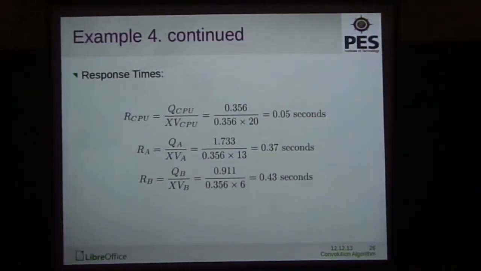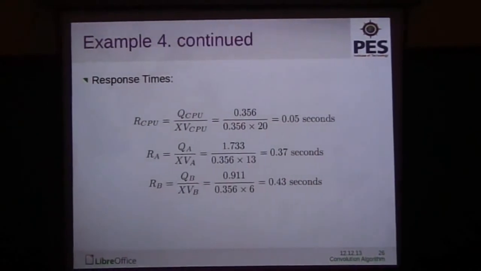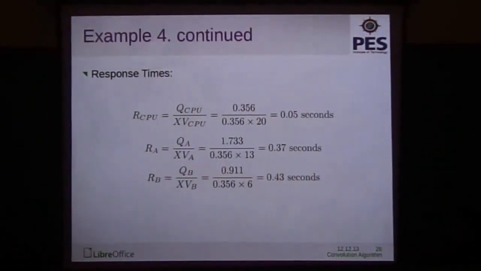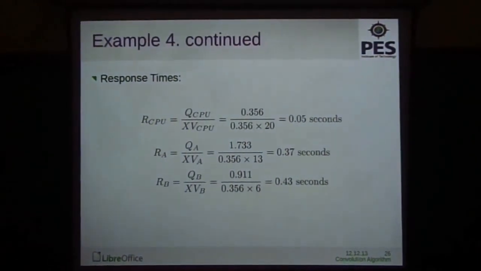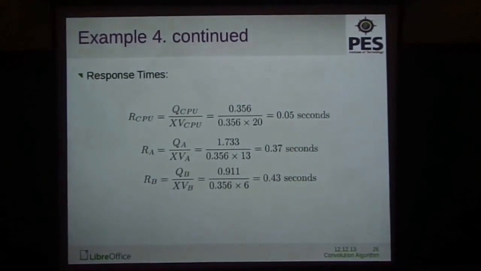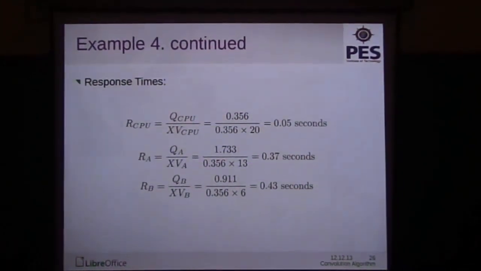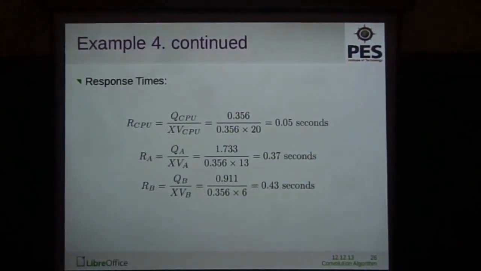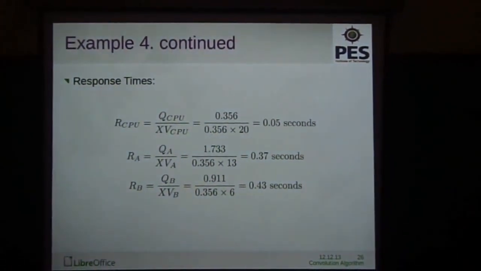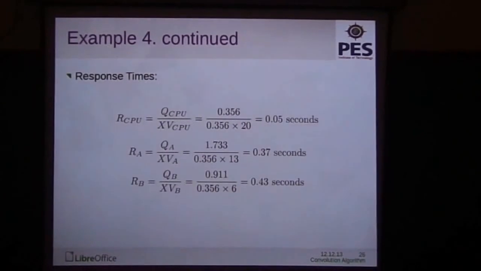The response time. The mean response times of the three devices are R of CPU equals Q of CPU by X V CPU, which comes to 0.05 seconds. RA will be QA by X into VA, which comes to 0.37 seconds, and RB equals QB by X VB, which comes to 0.43 seconds.